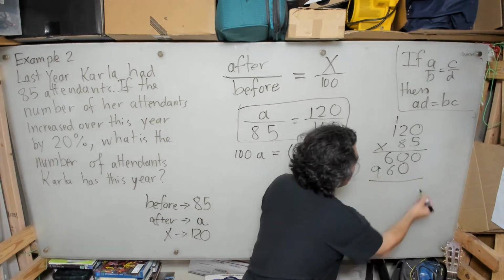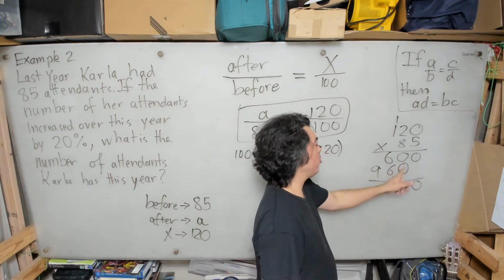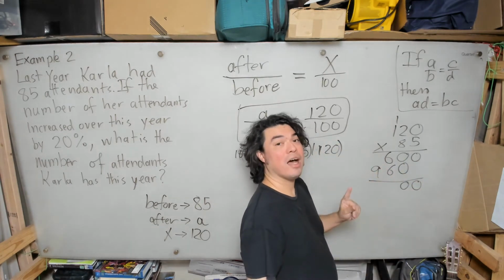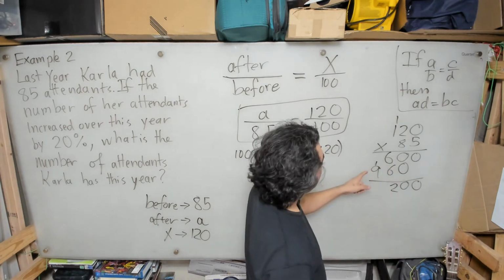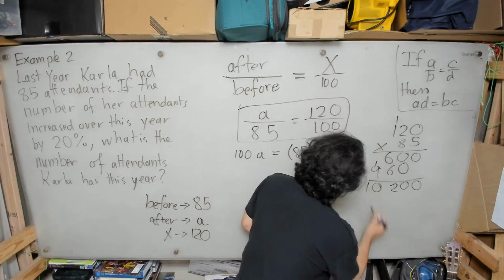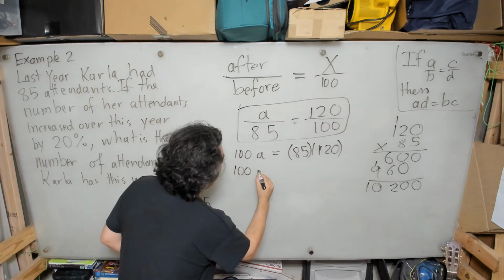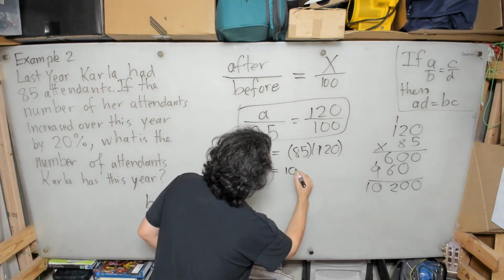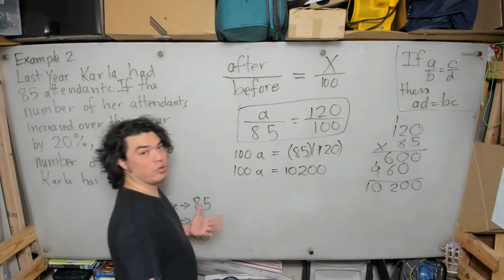The 0, because there's nothing there to add, it just stays 0. 0 plus 0 is also 0. 6 plus 6, aha, that's 12. I bring down the 2, carry the 1. 1 plus 9, that's 10. Okay. So I know that 100a is equal to 10,200.